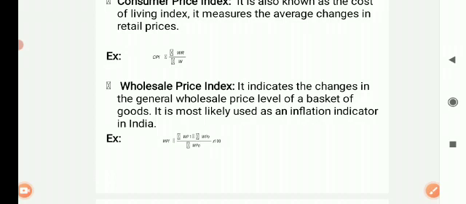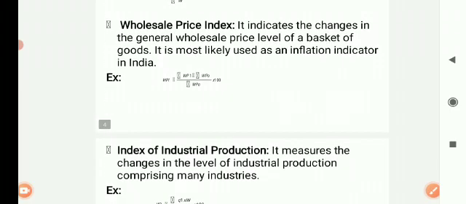When prices keep increasing, we pay more money to purchase less. That situation is called inflation. So it also acts as an inflation indicator in India. Wholesale price is a very important price index to know the exact ratio of, for example, inflation.